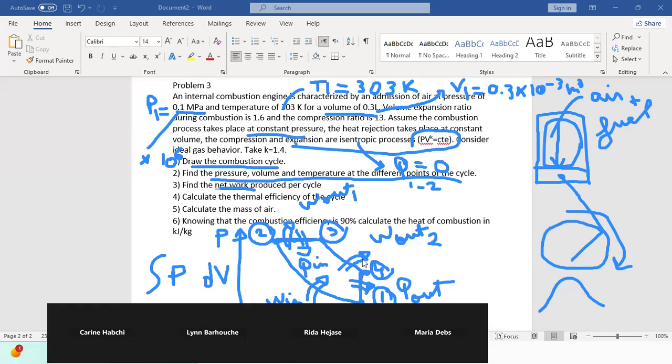In a constant volume process, no work is produced, so the integral of P dV will give you 0. For a constant pressure process, the work output will be equal to P times delta V. While for the two processes of compression and expansion, since you have the formula PV^k equal constant, you can perform the integration to find the work in and out.